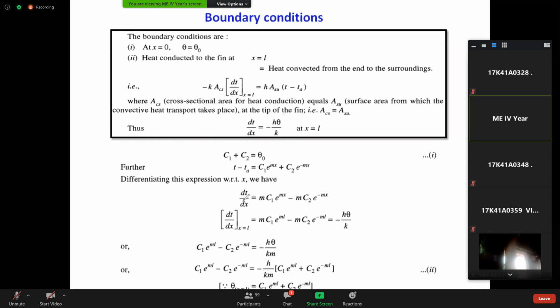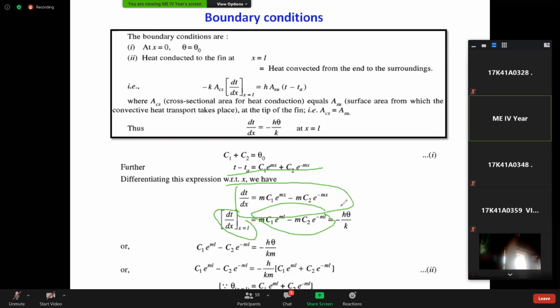Right. So what we did at dt by dx is equal to so and so, from this equation, as in the previous procedure, dt by dx at x is equal to L we have calculated.